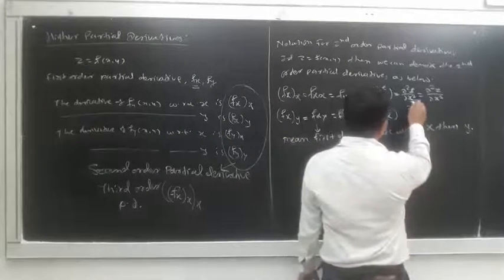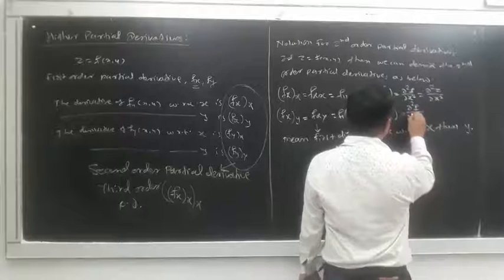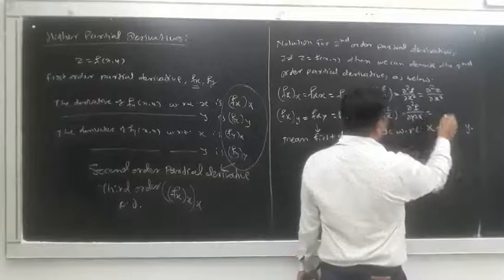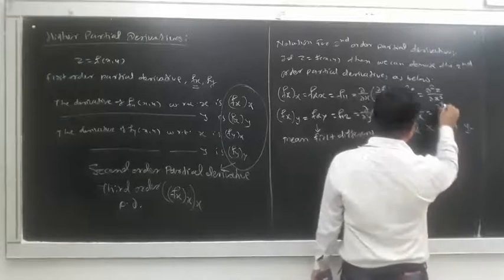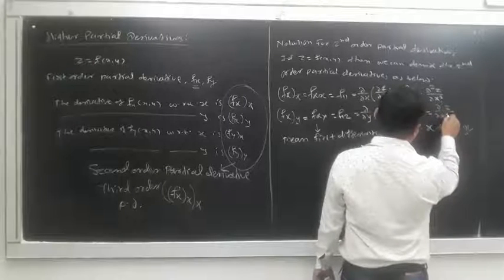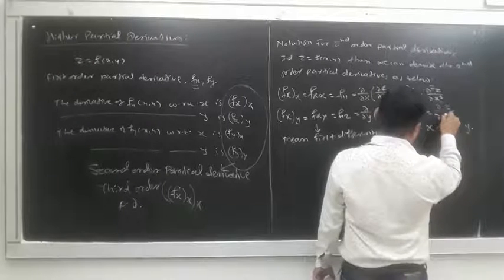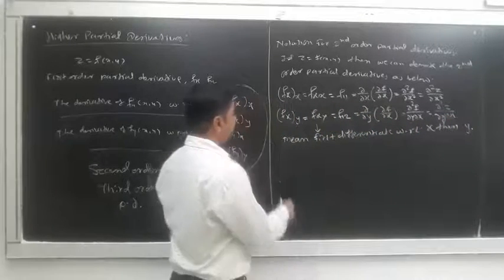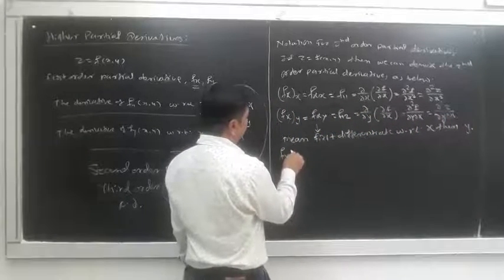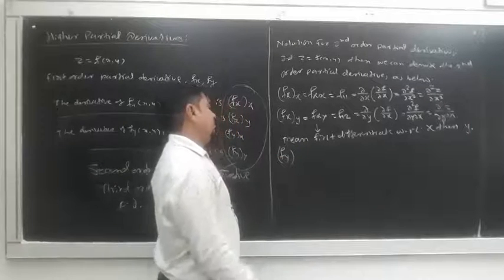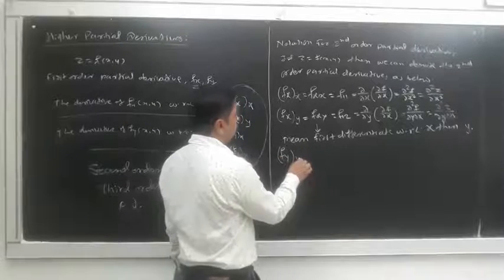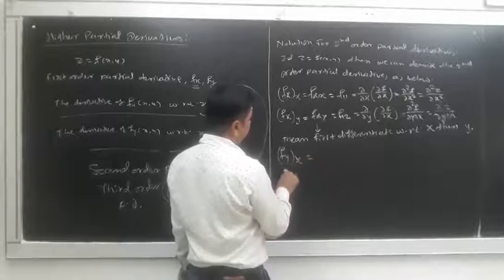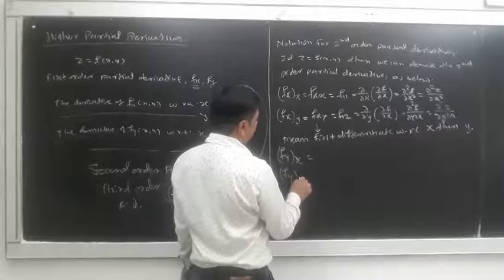Similarly, what can we write? Second partial derivative of f with respect to y and x, which is the second partial derivative of z with respect to x, y, x. Similarly we can write: differentiate fy with respect to x and fy with respect to y.